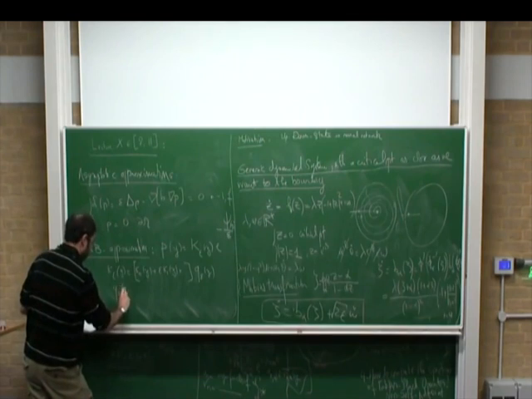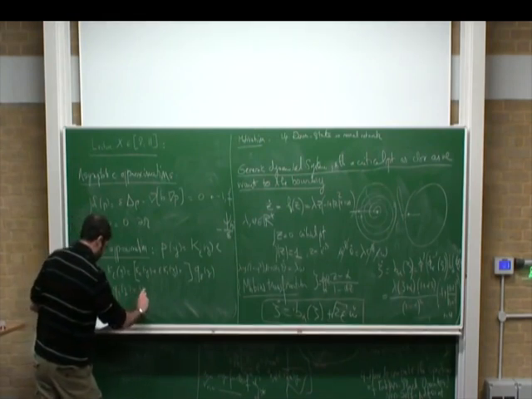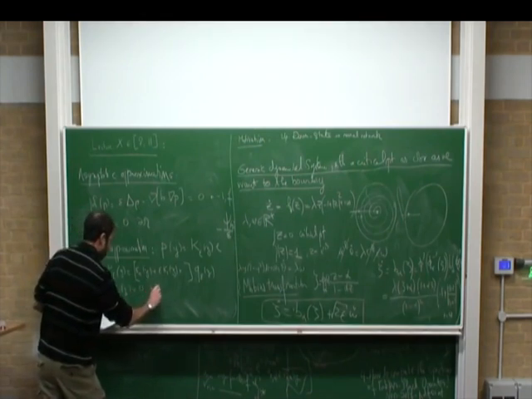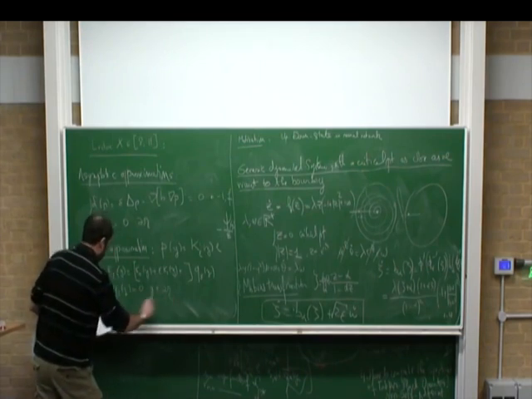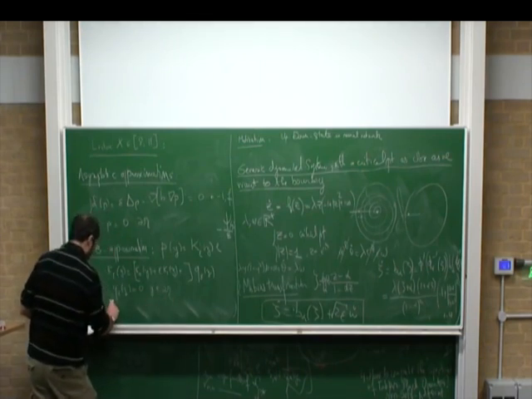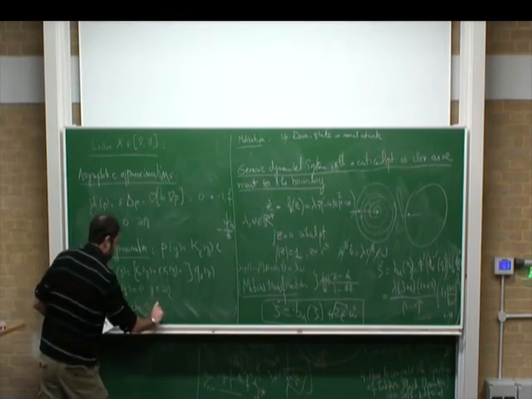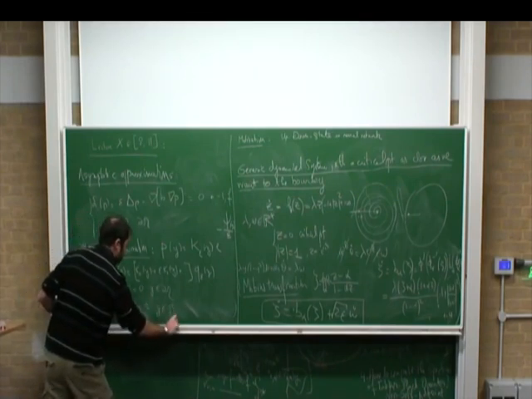Q epsilon of y has to be equal to 0 for y on the boundary, and in the limit epsilon goes to 0, Q epsilon of y equals 1 for any point inside the domain.